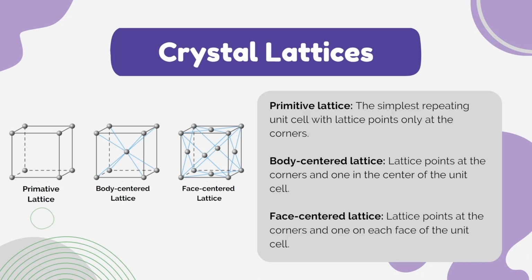Number 2, body-centered lattice, which has lattice points at the corners and one in the center of the unit cell. Number 3, face-centered lattice: lattice points at the corners and one on each face of the unit cell.